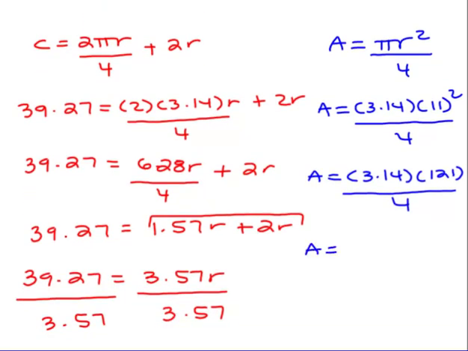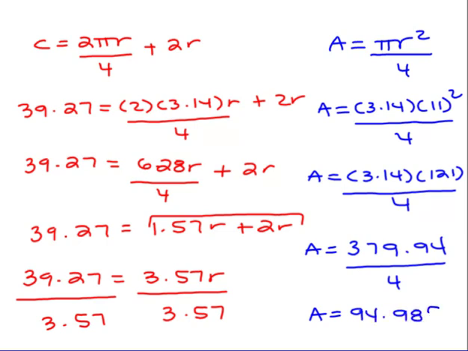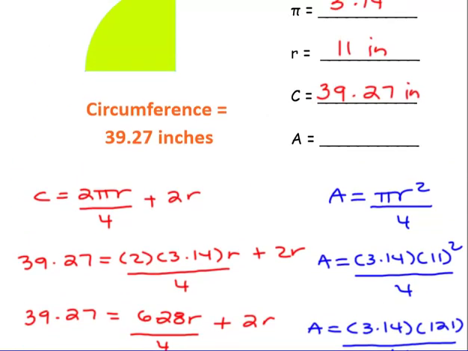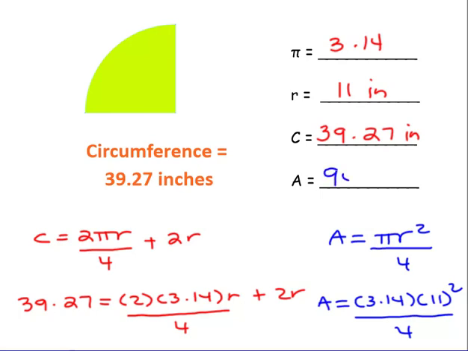Area equals, so 3.14 times 121 is 379.94 divided by 4 because it's a quarter circle. And that's going to give us a final area of 94.985. And that's going to be inches squared because it's area.